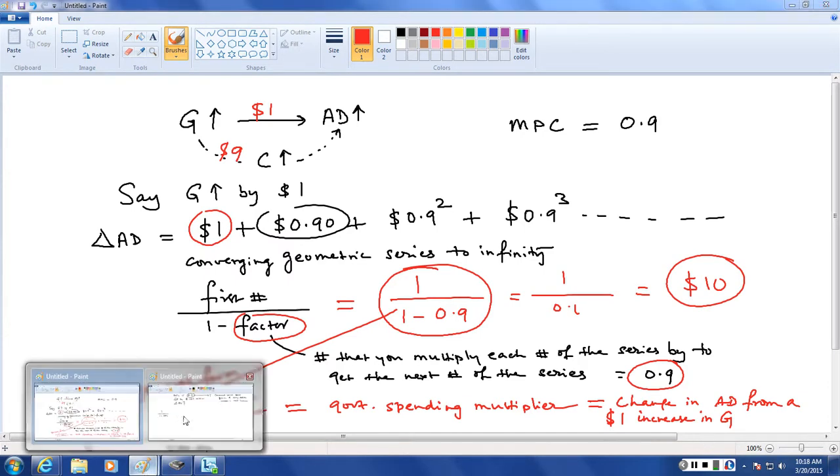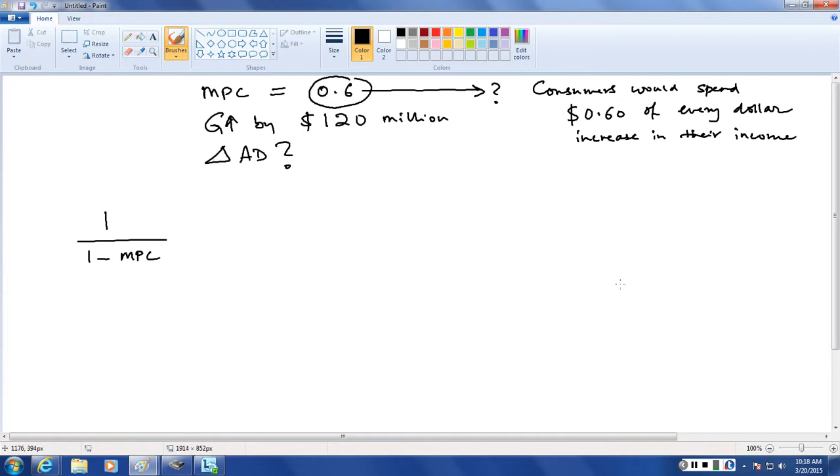But that's easy to deal with because $120 million are simply 120 million single dollars. Am I correct? And each of those dollars will have what effect on AD? Each of those dollars will have this effect on AD. So what would be the combined effect of a $120 million increase? Wouldn't it simply be this times 120 million? Wouldn't that take care of it? Do you follow me?